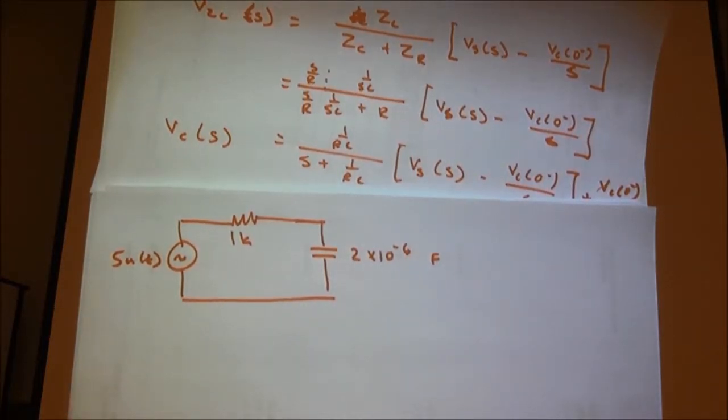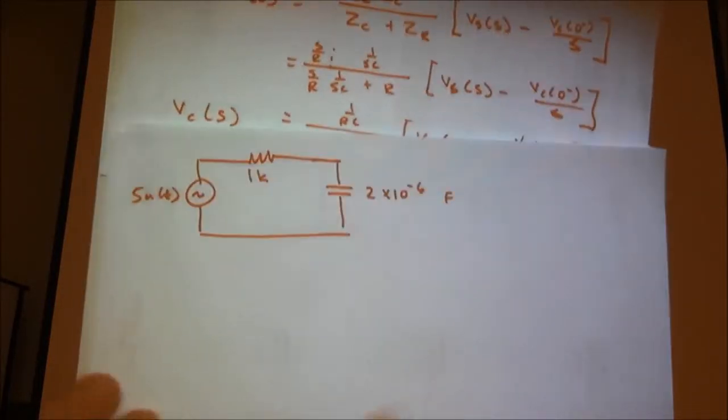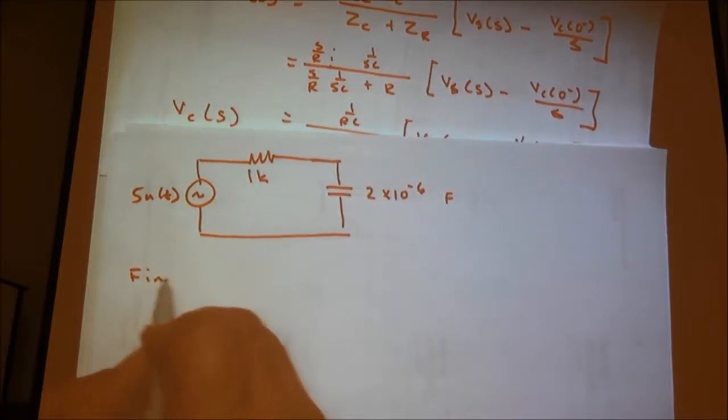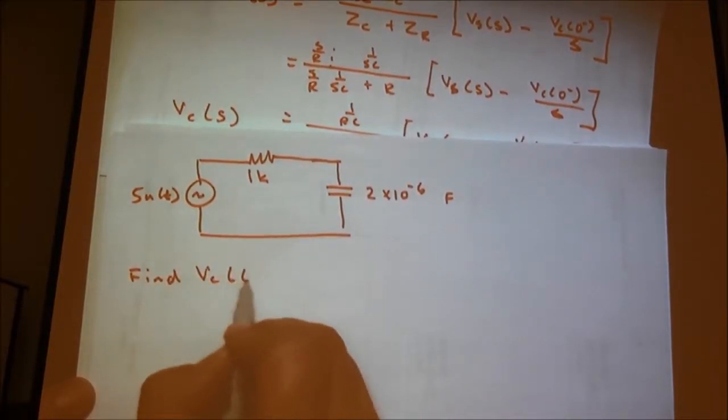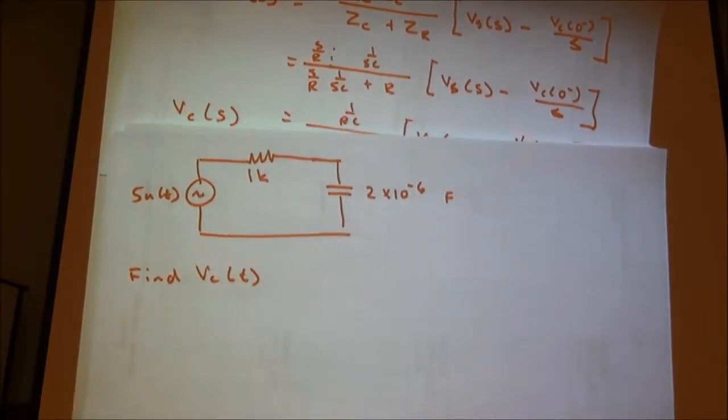So there's our circuit, and we want to find vc of t. So if we go back to our steps, find our initial conditions.